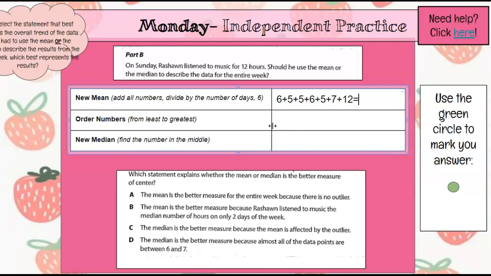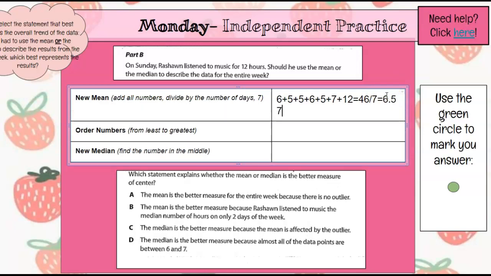So when we add all of those up, we would get 46. But now we need to divide, not by 6 now. Now we have 7 days. So we're dividing 46 by 7. And we would get an answer of 6.571.